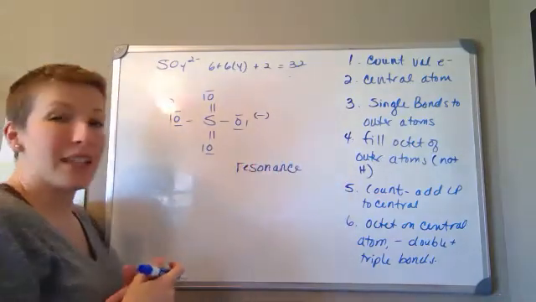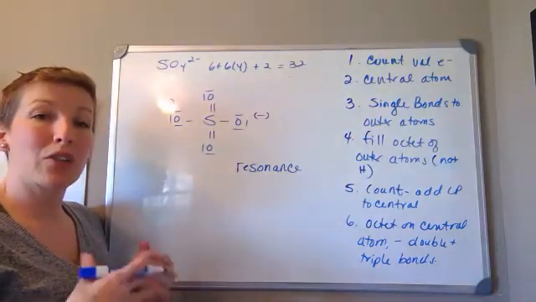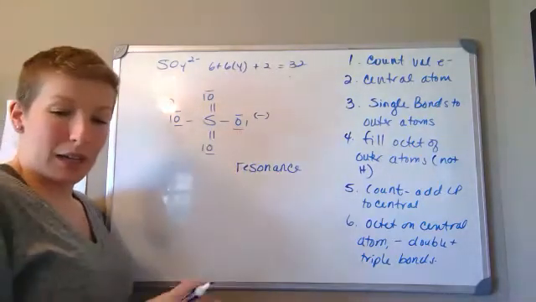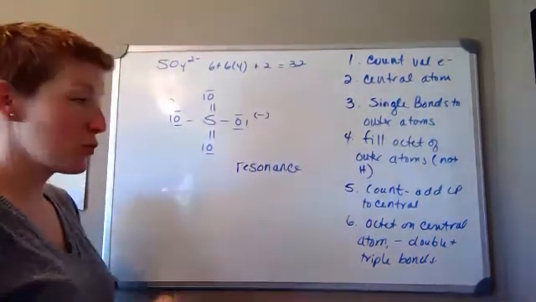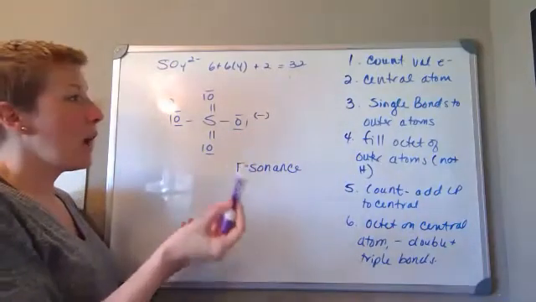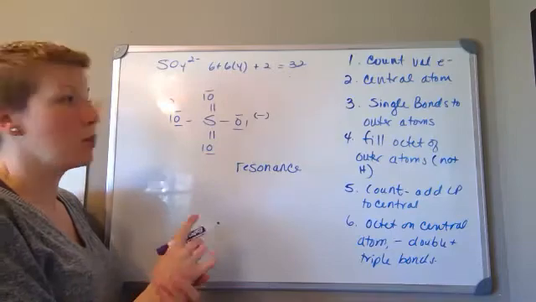Resonance is the movement of electrons around an atom, and it actually creates a lot of stability. Of course, I like to give atoms traits of people. This oxygen says, hey, why do I have to carry this heavy backpack? I want to double bond with sulfur and lose my charge.